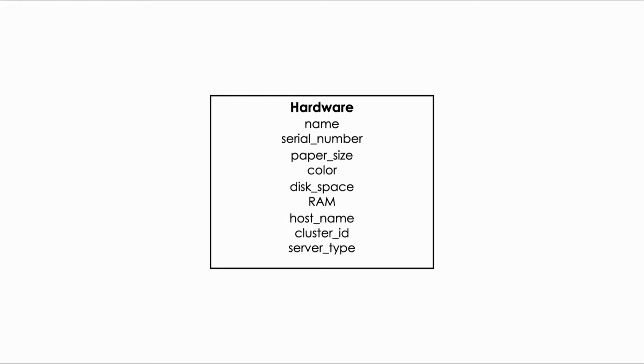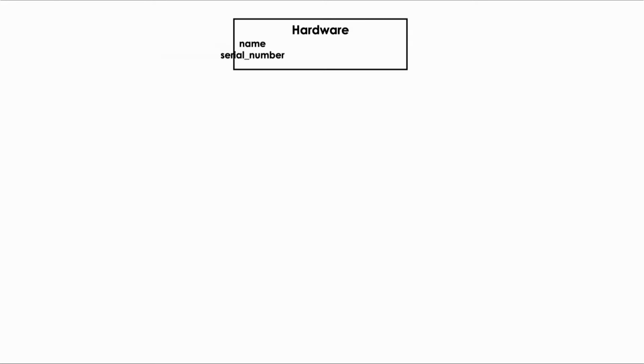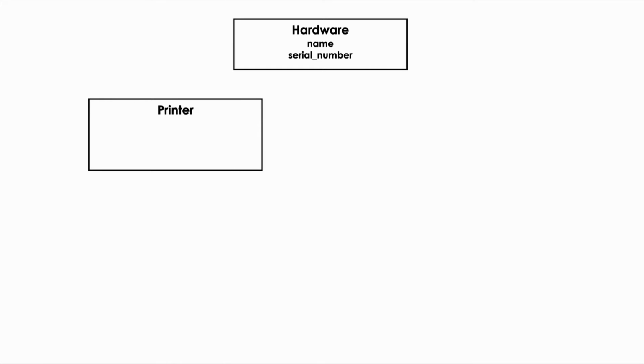Here's how we could use table extensions to solve our problem and build a better design. Let's try this again. We'll start with our hardware table. We'll build it only with the fields that apply to all types of hardware. Let's say name and serial number. I think all hardware should have those attributes. Now let's create another table named printer that extends our hardware table.